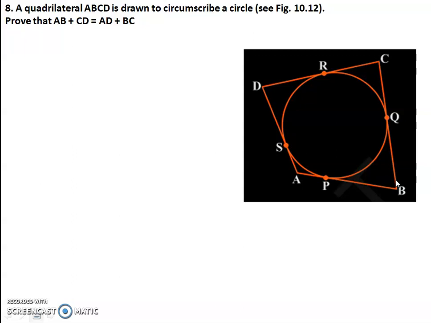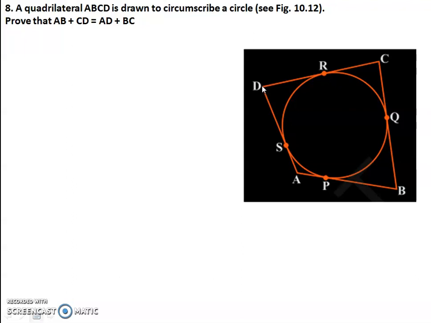Students, here you can see 4 points on the circle and 4 points outside the circle. Which are the points on the circle? There are P, Q, R, S, and the points outside the circle are A, B, C, D. When you learnt theorem 10.2, you learnt that the tangents to a circle from an external point are equal.